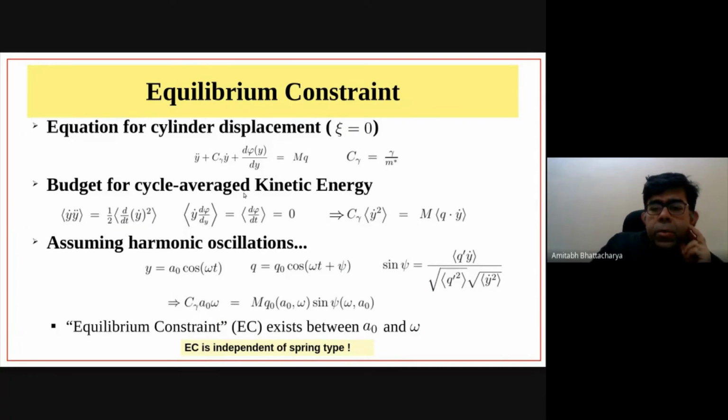Okay, so what we did was we looked at the equation for the cylinder displacement, and we managed to derive a budget for the cycle averaged kinetic energy. So this averaging here is a cycle averaging. When you do that, the inertia term and the spring term drop out, because spring and inertia cannot create or dissipate energy.